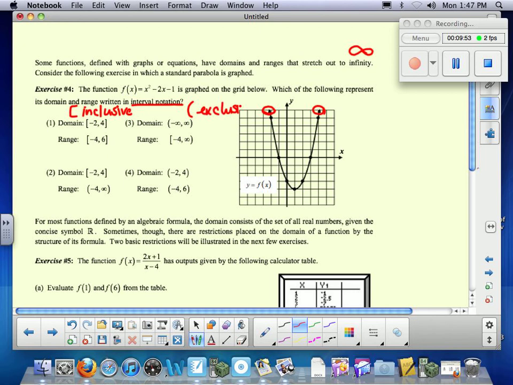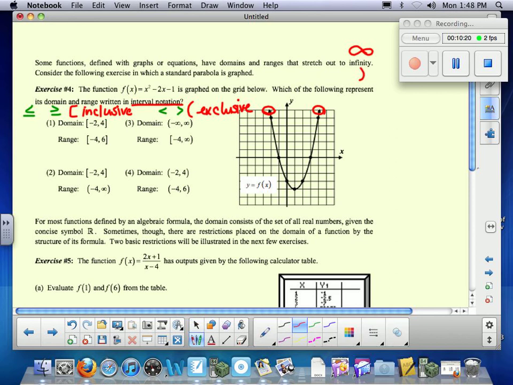So in other words, inclusive is gonna have an equals to. Exclusive is just going to be the greater than or less than. So the inclusive will be an equals. And I'll tell you right now that infinity is always exclusive. It's always a parenthesis when we go to infinity.